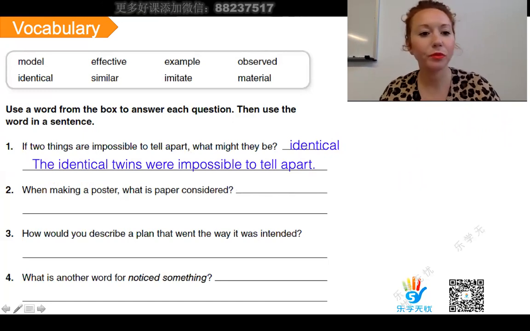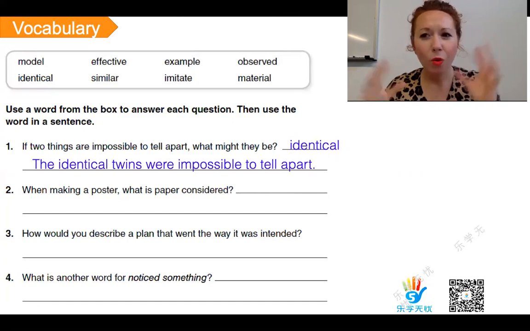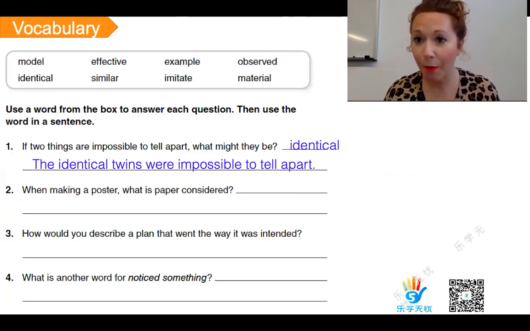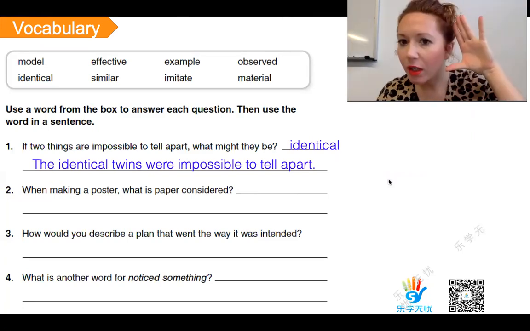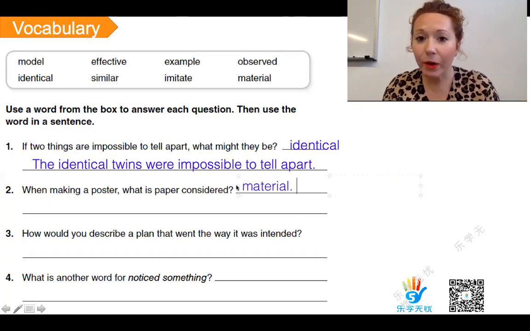Number two, when making a poster, what is paper considered? So what would I call paper if I were making a poster? It would be a material, okay?